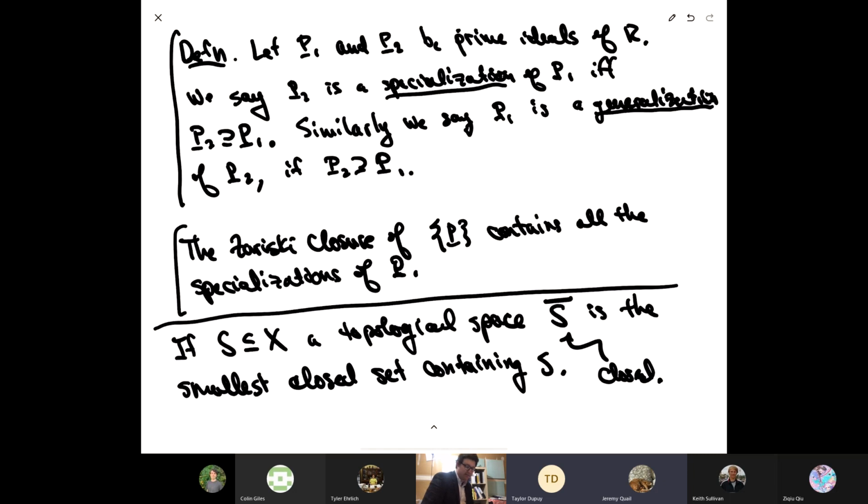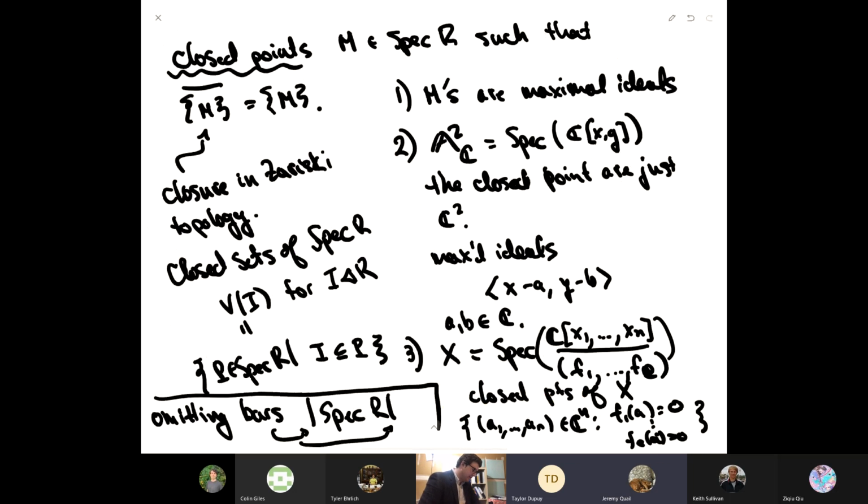Well, I claimed that they're closed. Okay, this is the definition. This is a theorem, right? That the closed points are maximal ideals. So there's a definition of what a closed point is, and the statement is that the closed points are maximal ideals, and in this case, the maximal ideals correspond to actual points.